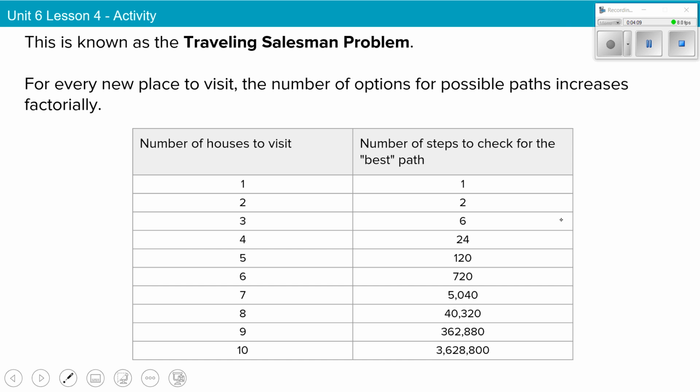If I have 1 house to visit, there's only 1 path. 2 houses, there are only 2 paths, to that second house and back to my first. 3 factorial is 6. 4 factorial is 24. 5 factorial is 120. 6 factorial is 720. By the time I get to 10 houses, I'm at almost 4 million different paths to check for the best path.